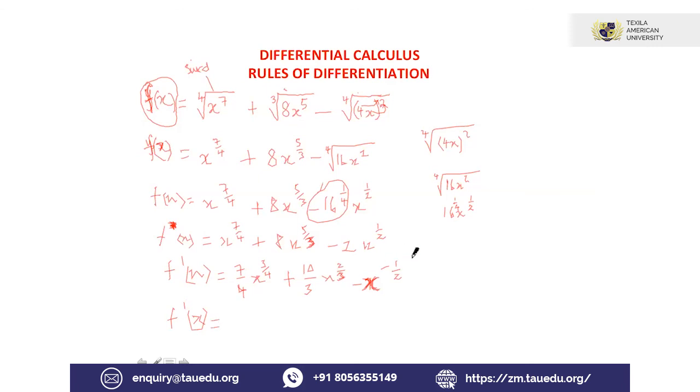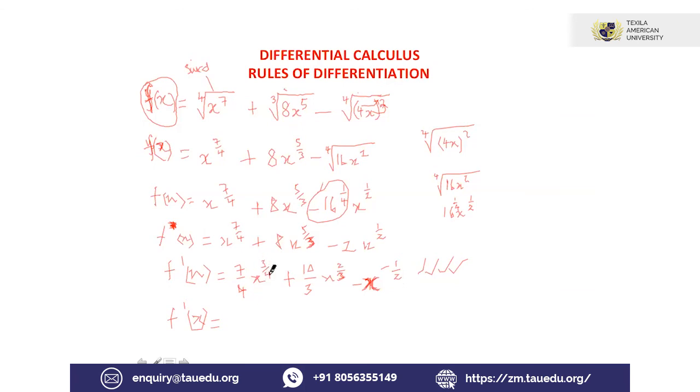As I tell you, the examiner is satisfied with this solution. Here we don't have a problem. Everything is positive, so we don't have to force ourselves to write it as a positive exponent again, because the power is positive.